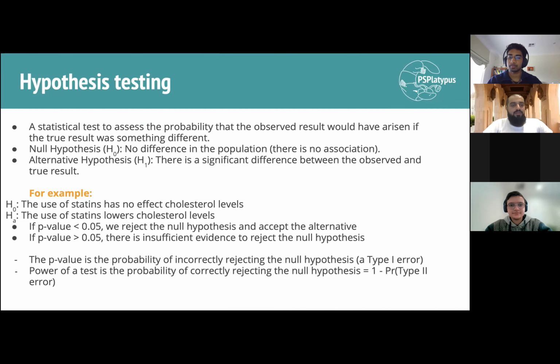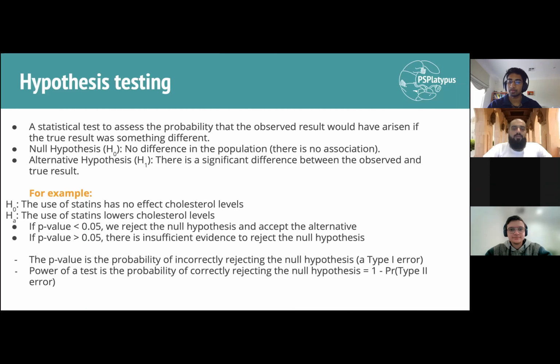For example, the null hypothesis is that statins have no effect on cholesterol levels, and the alternative hypothesis, which is the opposite of this, is that statins lower cholesterol levels.